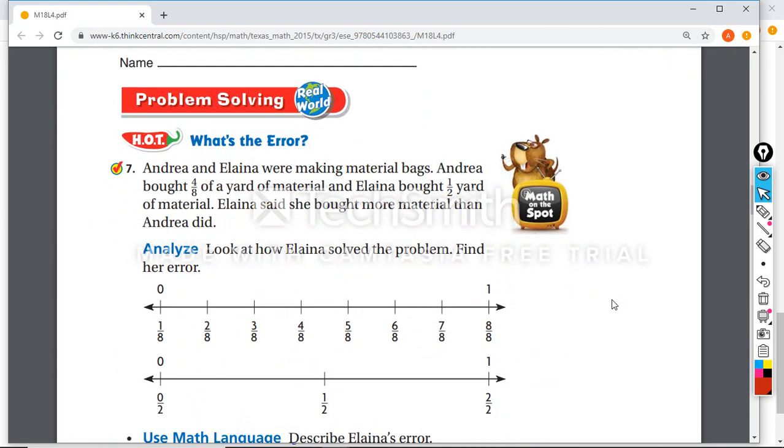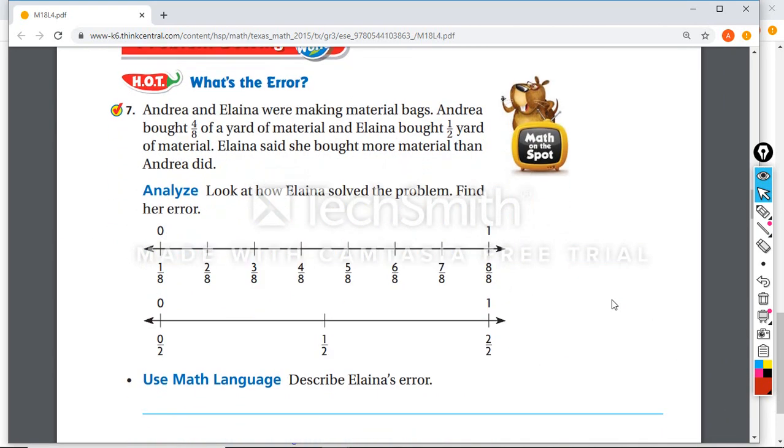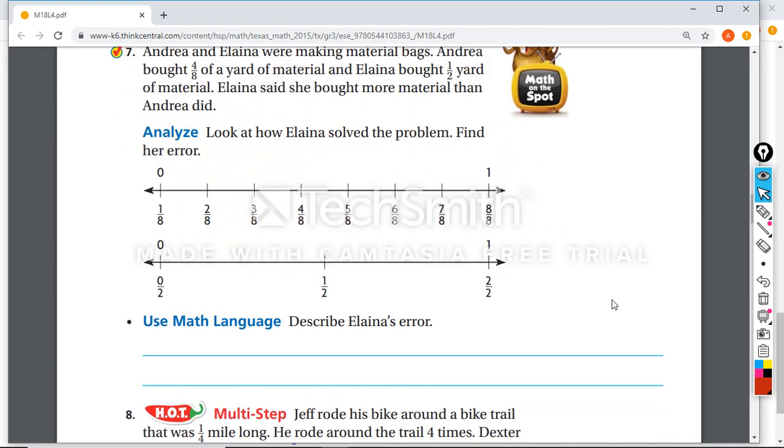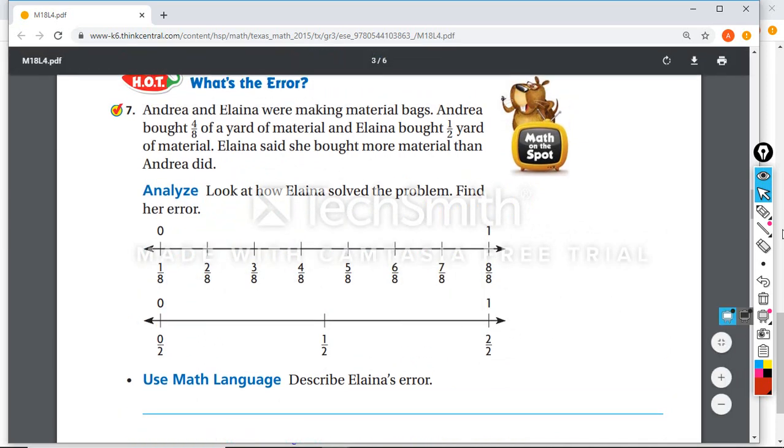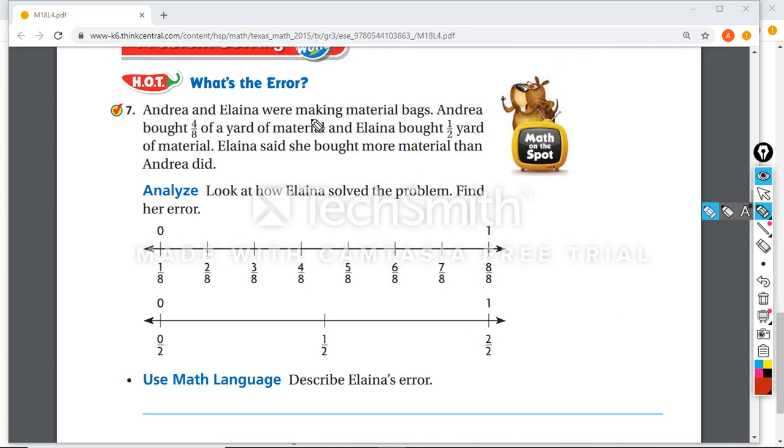Even the word problems here will be very easy to answer. So let's look at this one here. Andrea and Elena were making material bags. Andrea bought 4/8 of a yard of material, and Elena bought half a yard of material. Elena said she bought more material than Andrea did.